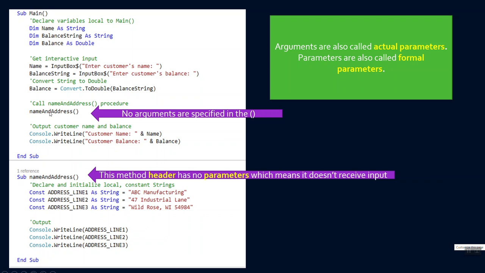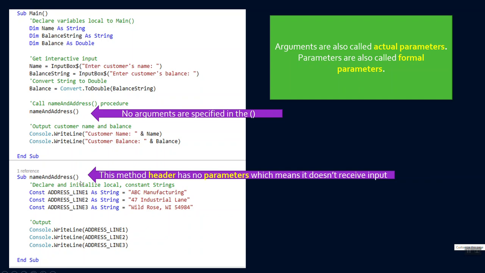So notice the names, the identifiers of the method or of the procedure match up, and it uses the syntax we explored in the last video. We have the keyword sub followed by the name of the procedure, followed by parentheses. Now, as I said, we were not passing in any arguments to this procedure up here when we called it because the definition of name and address, which is what we're looking at right here, does not require any parameters.